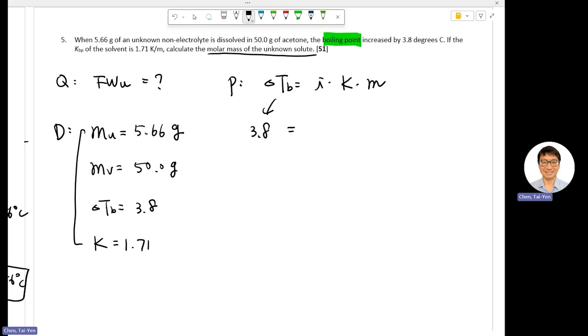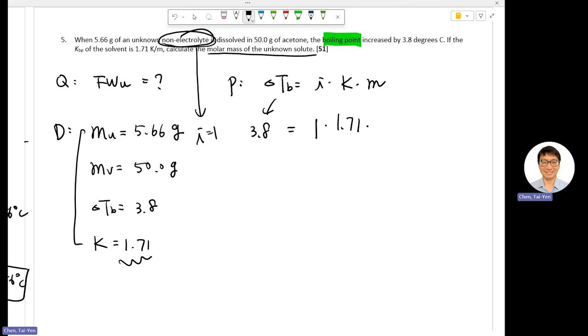How do you know it's 1? Very good. i is equal to 1 simply because it says this non-electrolyte, which tells you i equals 1. Do you have your K? Right here, 1.71.